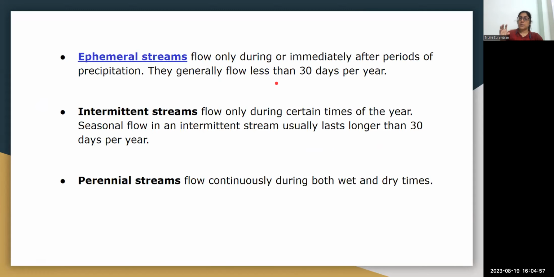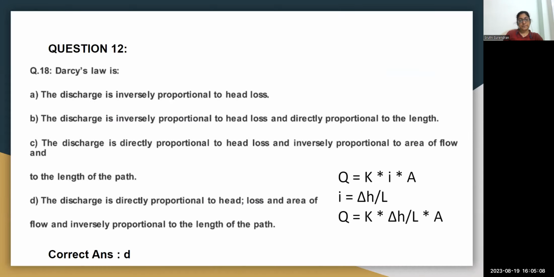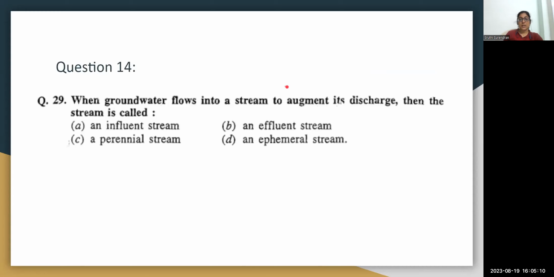A very short period of time only the stream will be there. Intermittent stream is when it will be available during seasons, and perennial streams are where water is available throughout the year. So here, when groundwater is flowing into a stream, it will be an effluent stream. So the correct answer is option B.